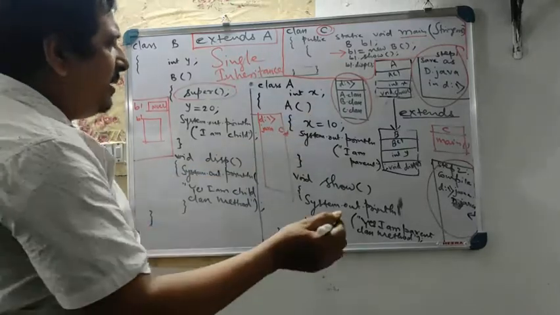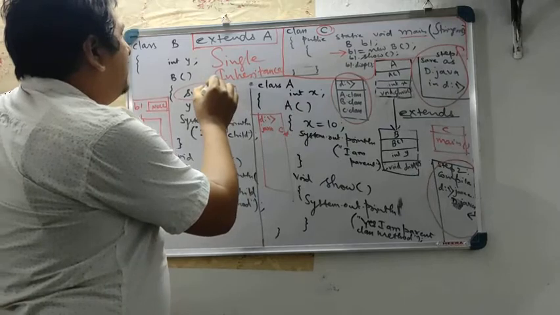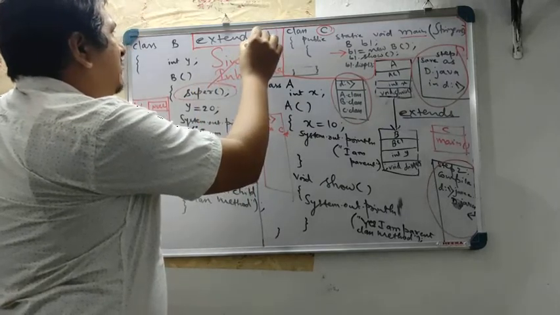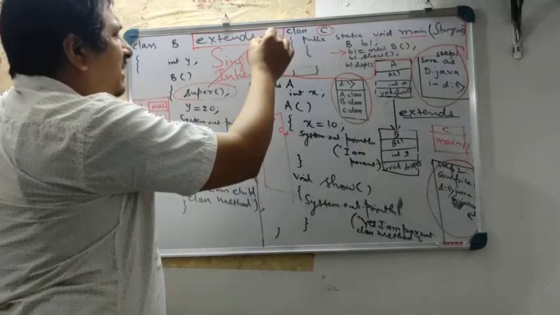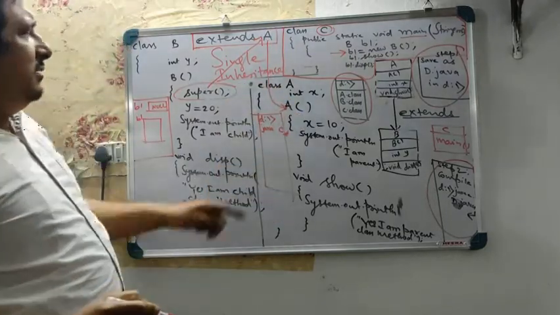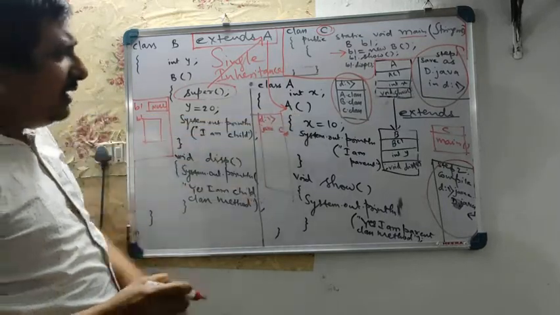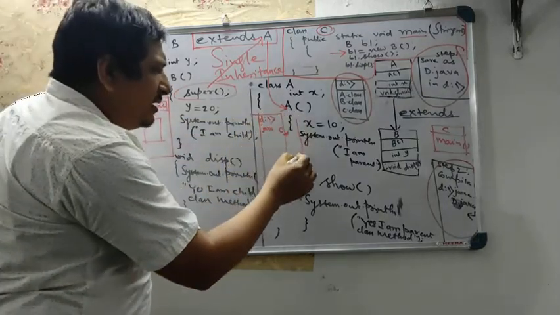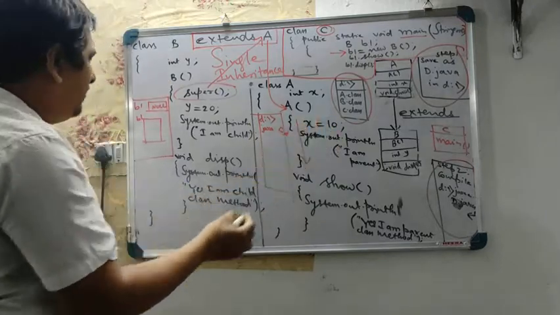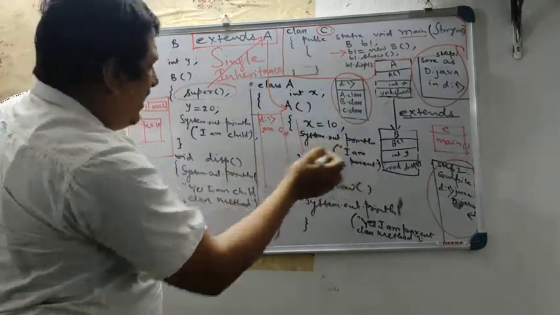So what actually happened? This is your parent constructor. When the super keyword is found, first it will check who is my parent, and then immediately it will go and find where is my parent constructor. If found, it is immediately executed. So x will be 10, and then I am parent.